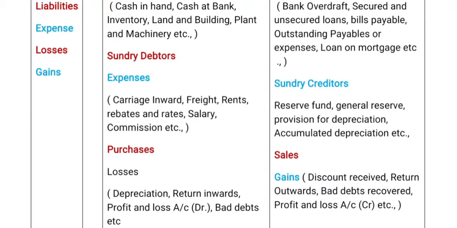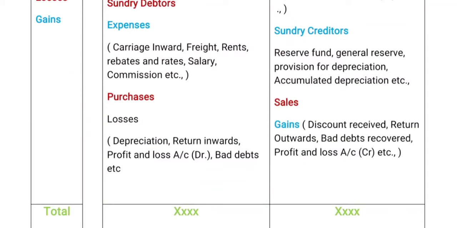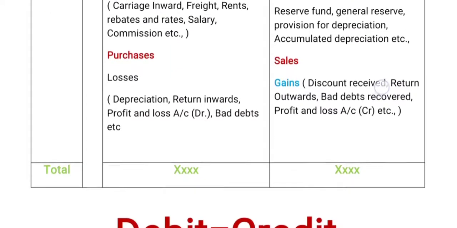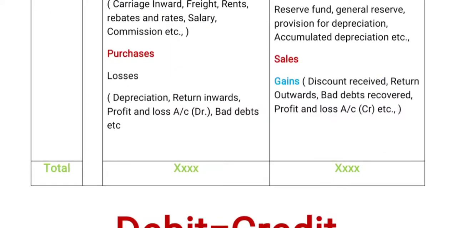Now we go to expenses. Expenses include all expenses like carriage inward, freight, rent, rebates, rates, salary, commission, etc. Now we go to the credit side. It is reserves, general reserve, provisions, depreciation, accumulated depreciation, etc.